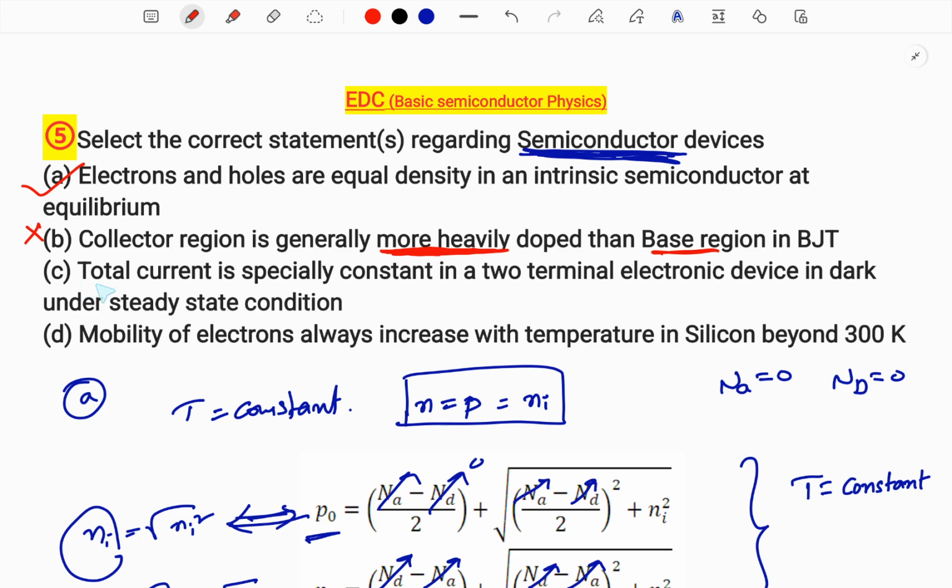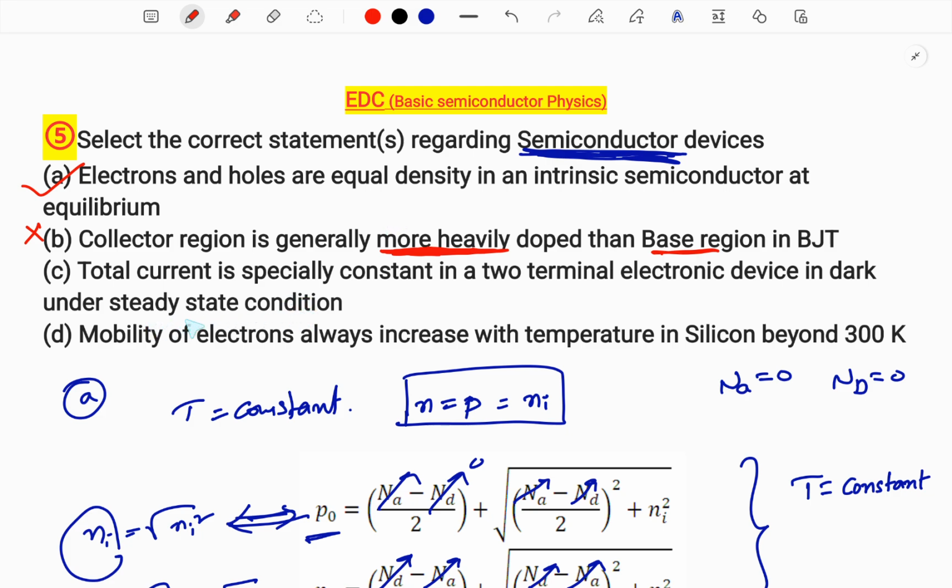Option C: total current is spatially constant in a two-terminal electronic device in the dark under steady state condition. Under steady state means there is no external voltage applied, so there is no net current generated within the device.